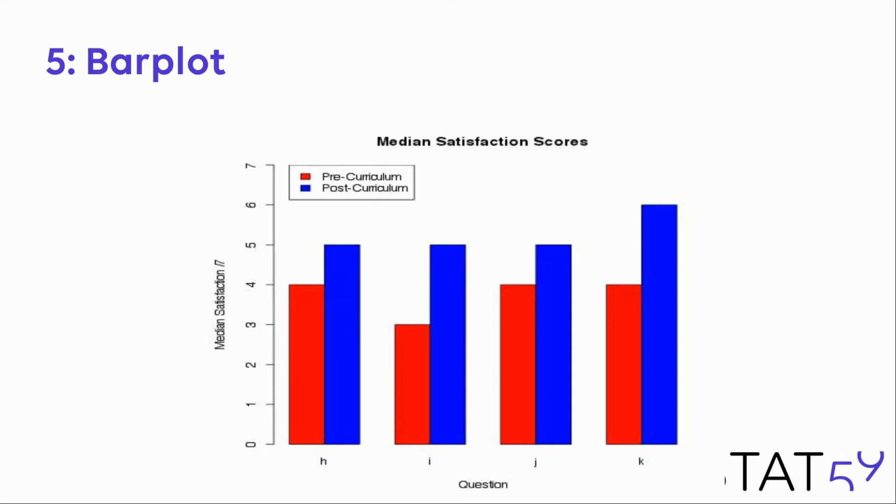We see here on the y-axis the median satisfaction on a 0 to 7 scale with the various components. And we see that this was measured pre-curriculum and post-curriculum. So it makes it very easy for us to see the effect of the curriculum on several different factors.